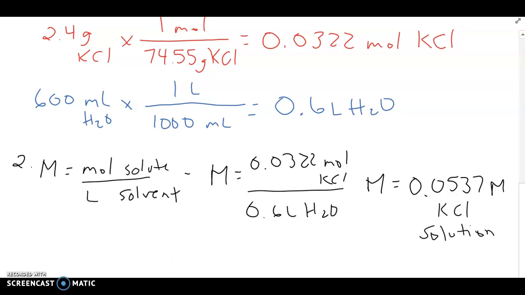When I use the word solution there, I mean that I've got KCl dissolved in my solvent H2O. So this is my concentration of potassium chloride in my water.